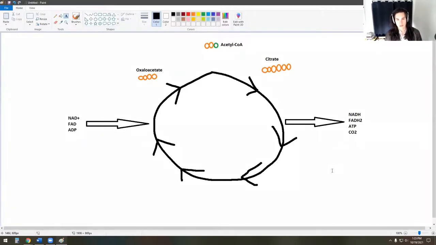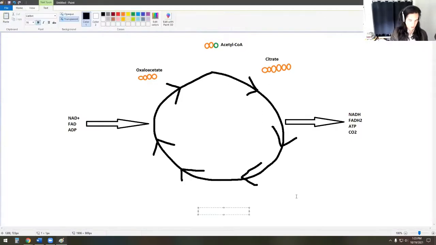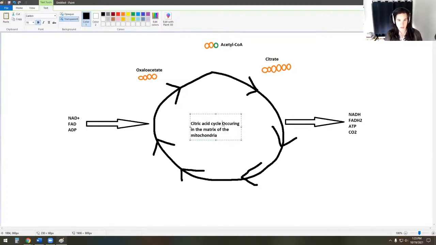Also, this is going to happen in the matrix. All this is going to occur, I'll just say citric acid cycle, occurring in the matrix of the mitochondria.